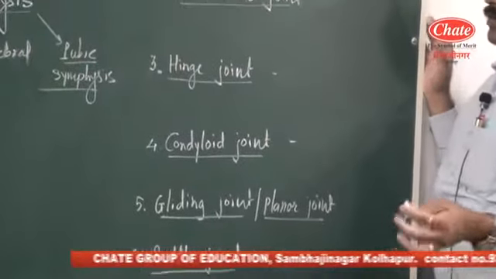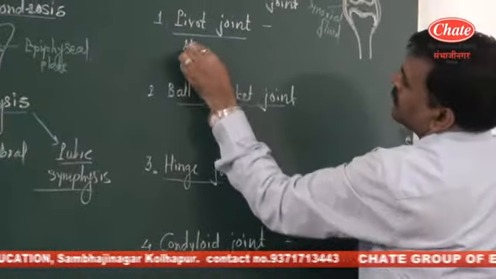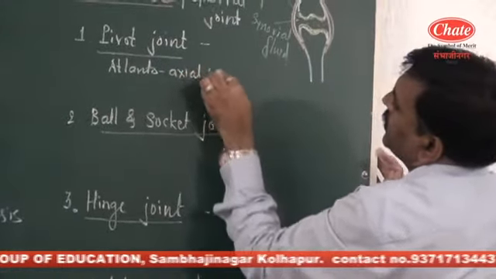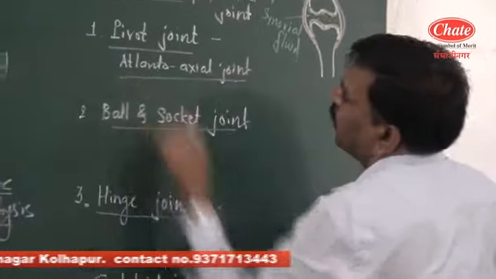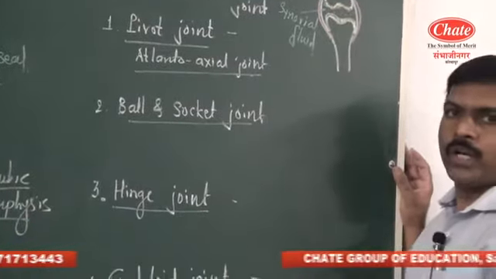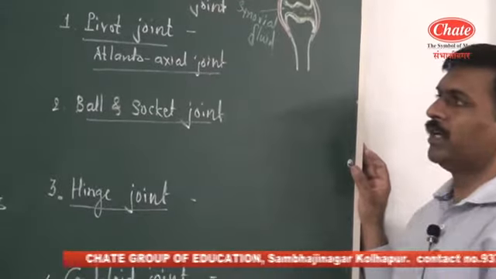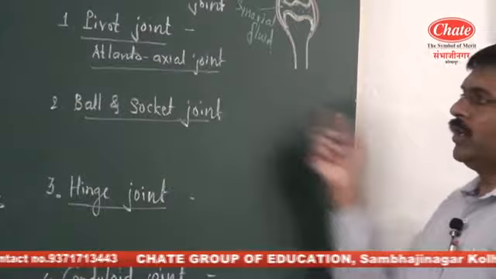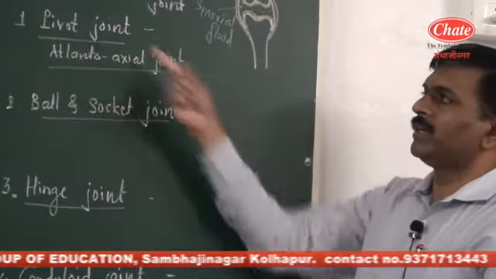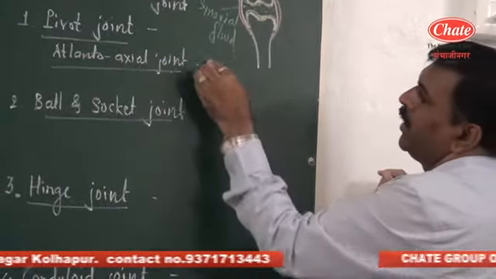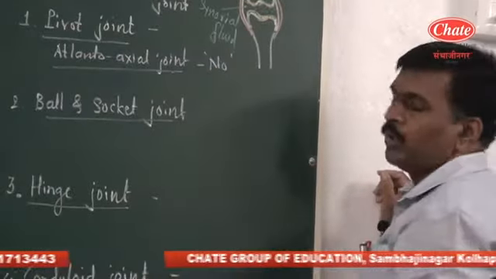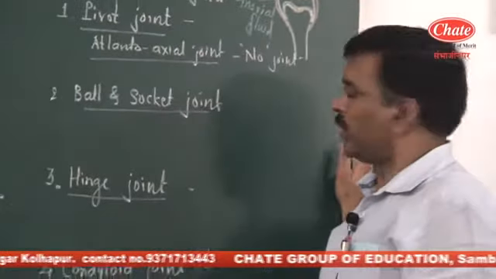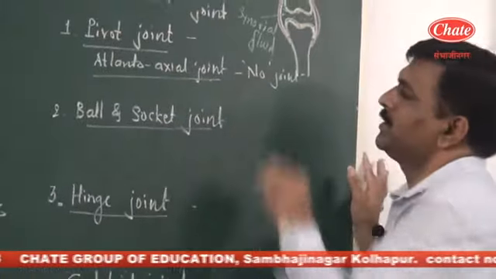Pivot joint we have already discussed; it is also termed the atlantoaxial joint, meaning the odontoid process acts as a pivot which articulates with the foramen of the atlas. So the odontoid process of the axis articulates with the atlas and forms the pivot joint. It allows movement like saying no, so it is also termed a no joint.